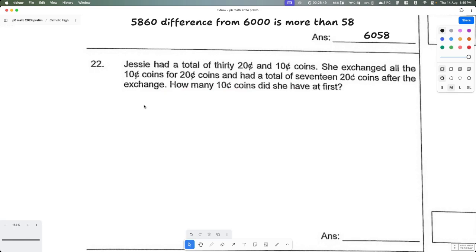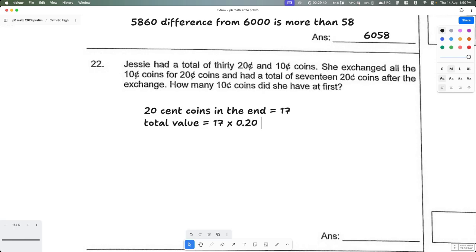So we can work backwards. The total value is equal to 17 times 0.20, which is $3.40.